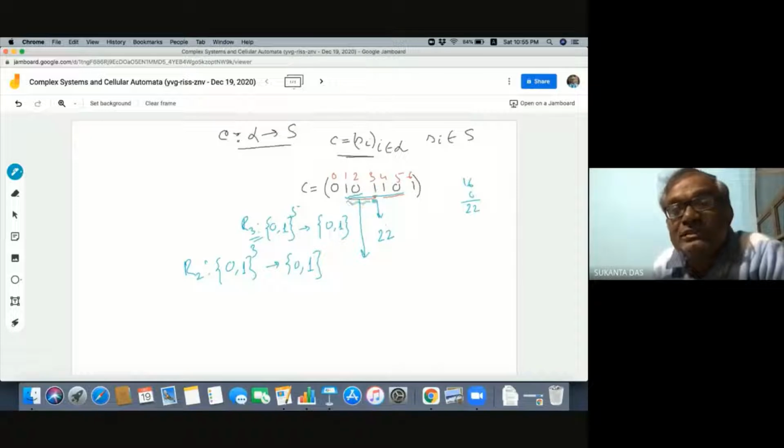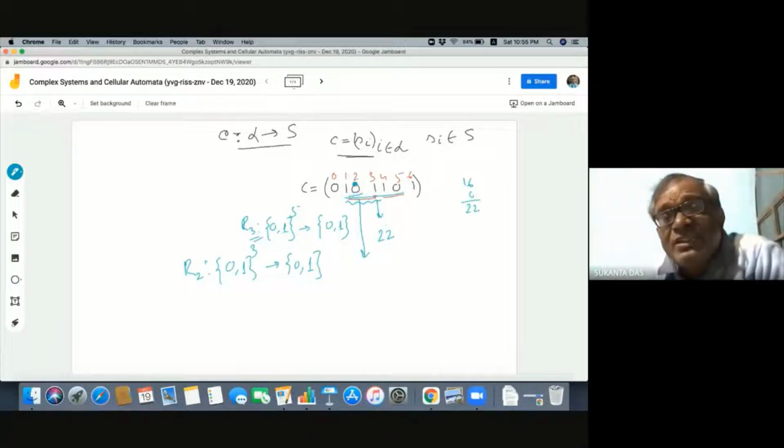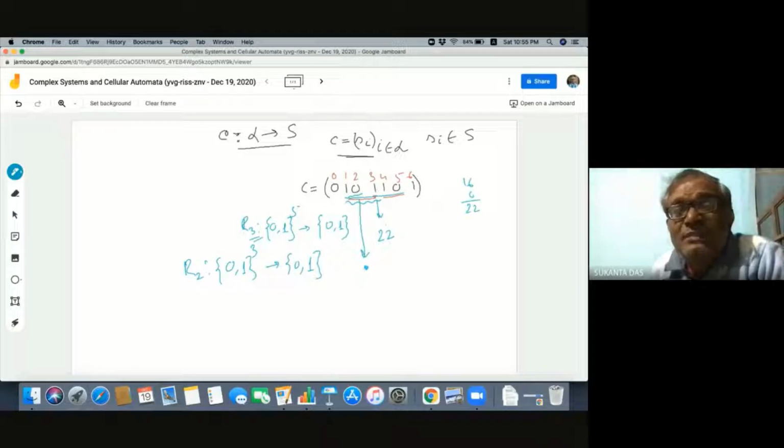So these three, 1 0 1, are the input of R2. Then which RMT is acting on cell 2? 101 is actually 5, so RMT 5 is acting. So I am getting the RMTs which are acting on different cells.